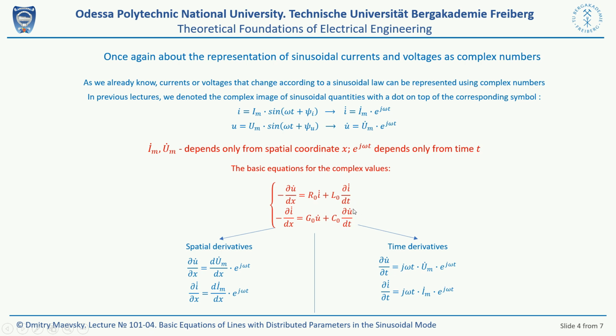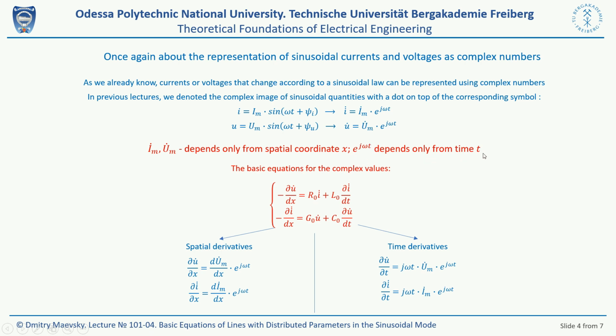In complexes of instantaneous values of current and voltages, only the complex of the corresponding amplitude value depends on the spatial coordinate, and the rotation multiplier depends only on time.